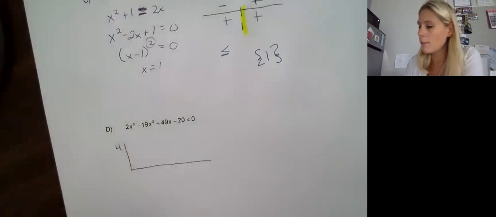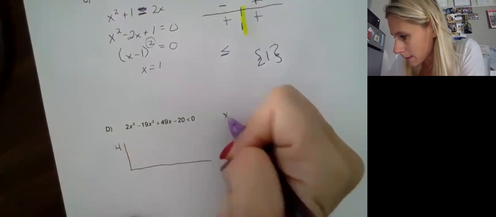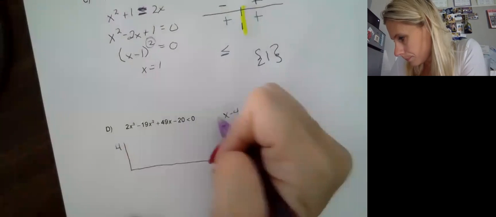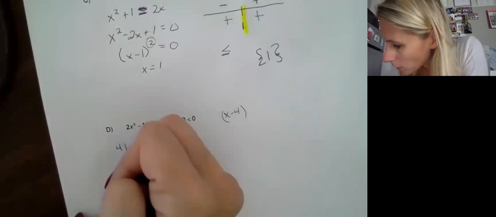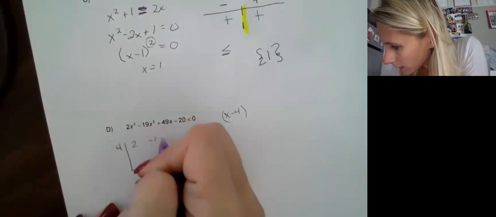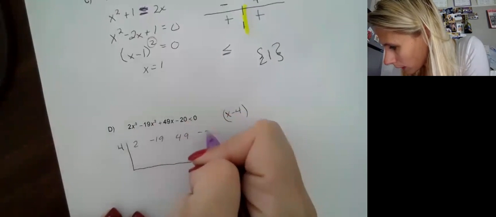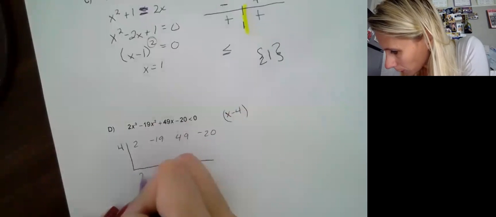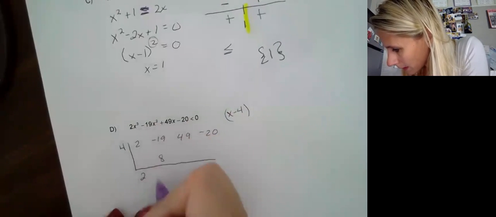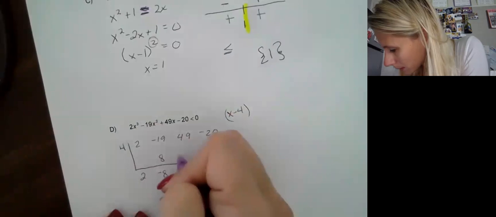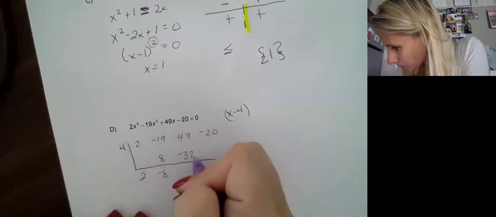And I say -4 because it means x minus 4. Okay, so I have 2, -19, 49, and -20. Bring down the 2, gives me 8, gives me -8, gives me -32.